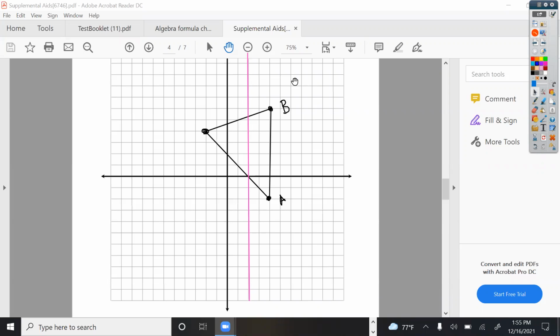So for orthocenter, we find the perpendicular line from the point. Our easiest slope to start with is horizontal or vertical, and then it leaves the vertex of the other one. So if we're looking at AB, we see that we have a vertical line, so our perpendicular line is going to be horizontal, and it's opposite of angle C, which I forgot to write C on there.